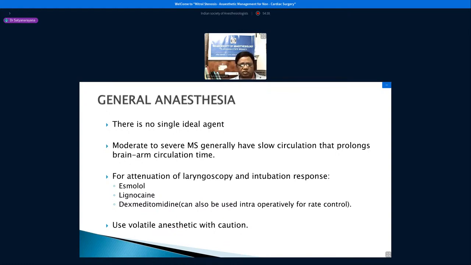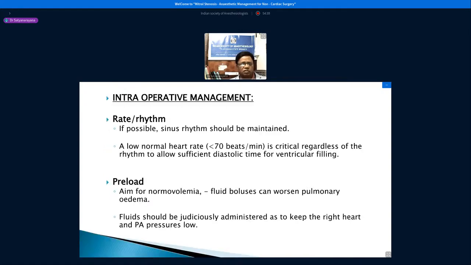Volatile anesthetics are to be used very cautiously, in titrated doses. And the rate and rhythm: if possible, try to maintain sinus rhythm. The goal of the rate is always to try to maintain it less than 70, which is very critical because it allows sufficient diastolic time for ventricular filling. Preload, I told you, is to be adequate, at least normovolemia, or adequate preload to maintain.